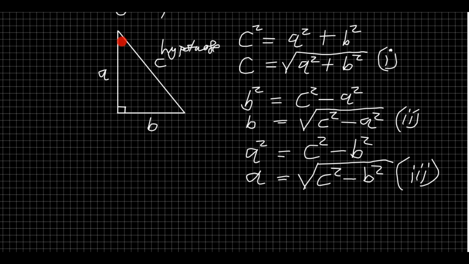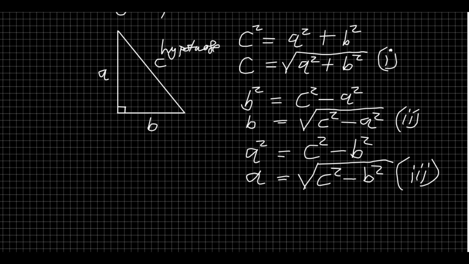So generally, when you are having problems involving a right-angled triangle, where you are given two sides and the other side is missing, we use the Pythagoras theorem, which states that side C squared is equal to the sum of side A squared plus side B squared.